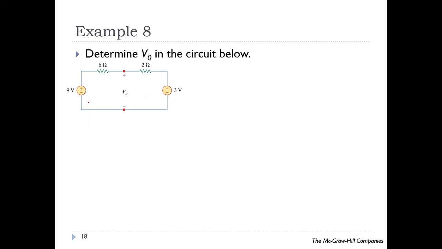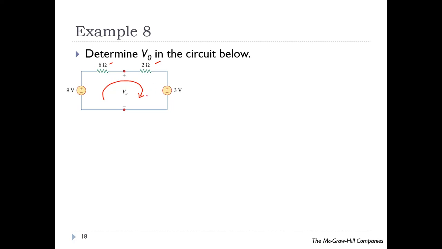In order for us to solve for V0, we need to find the voltage here and the voltage here, right? But in order for you to find the voltage in these two elements, you need to know the currents. So again, you are going to use Ohm's law and KVL.